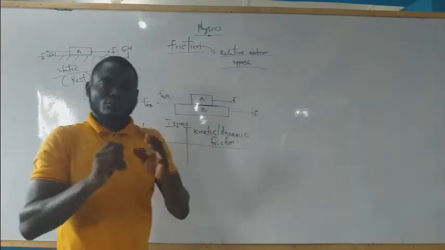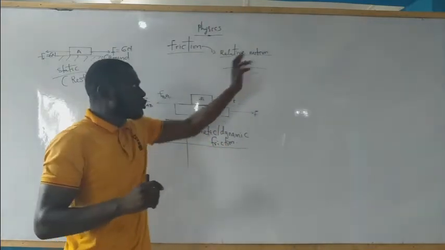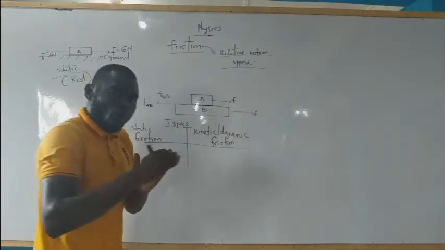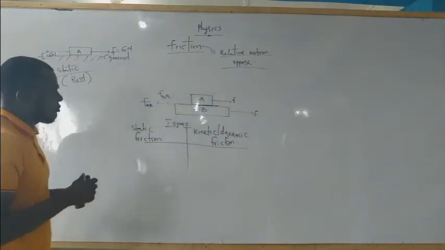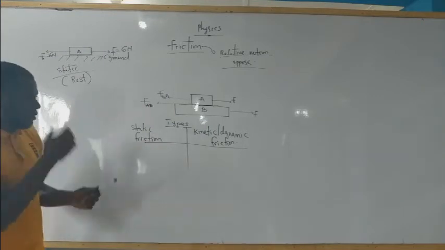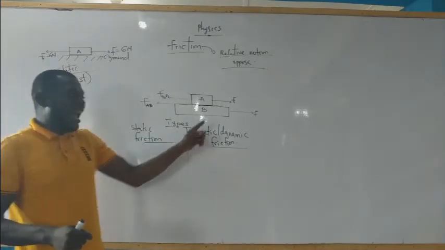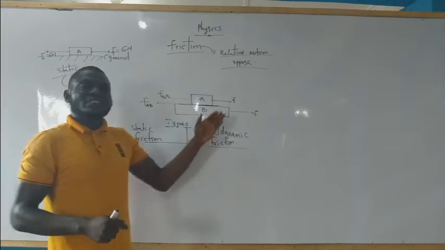That is friction. It opposes the relative motion. Types: we have static friction and kinetic friction, or you call it dynamic.